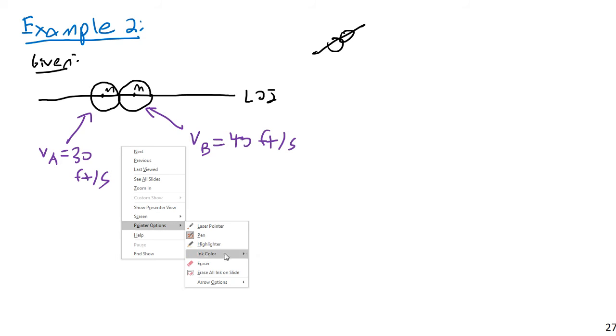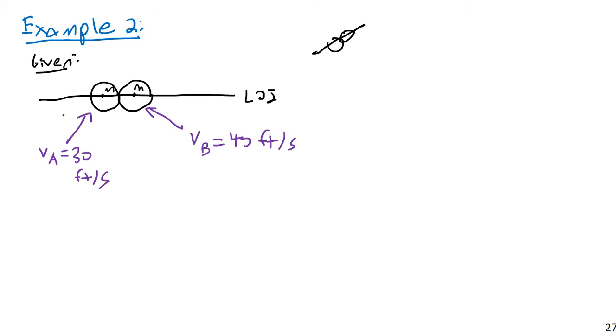And the angles here, well, this one will be an angle of 30 degrees, and this one will be at an angle of 60 degrees. All of this is given, and also they're going to collide without friction.